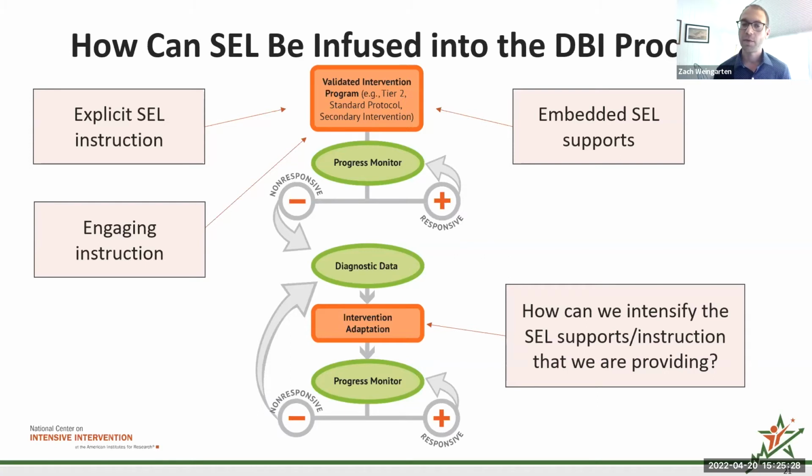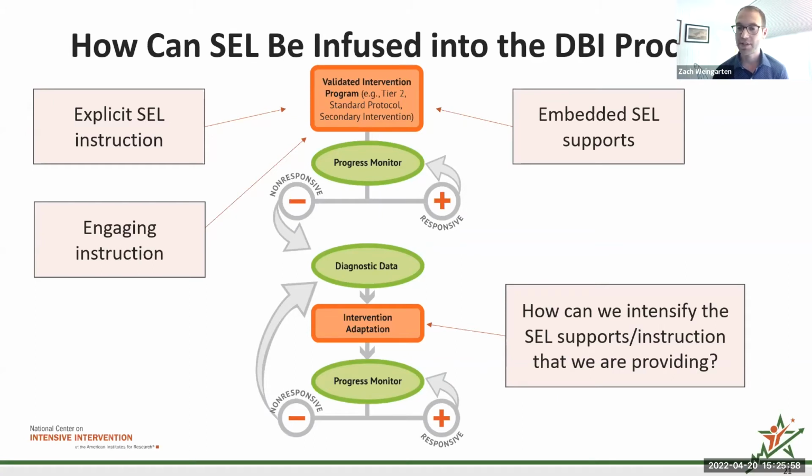So Mara talked about 4 E's, the embedded SEL supports, the explicit SEL instruction, the engaging instruction that we provide. So I think it's really important to recognize that those 3 E's in particular fit really well into that starting point of DBI, that tier 2 validated intervention program. We want to make sure, of course, that there's engaging instruction in that tier 2 program.